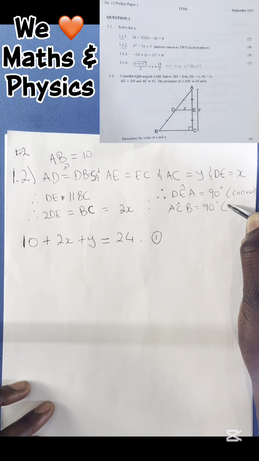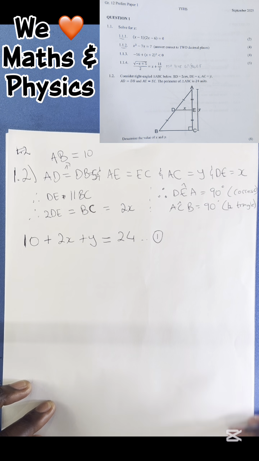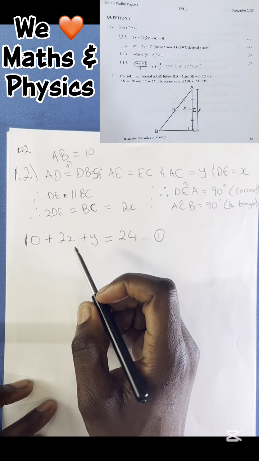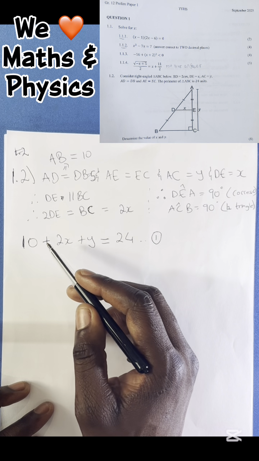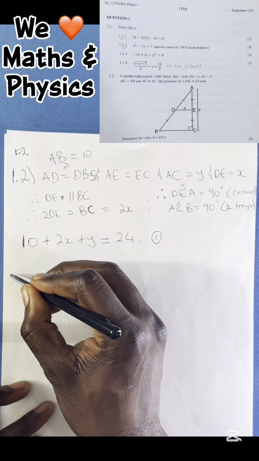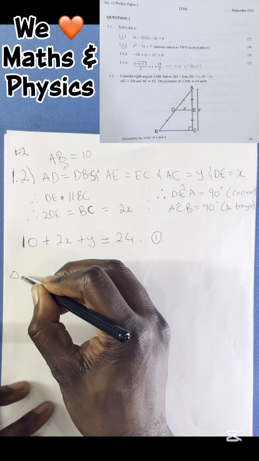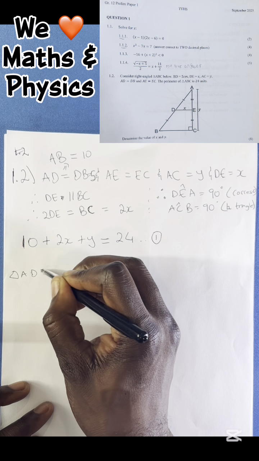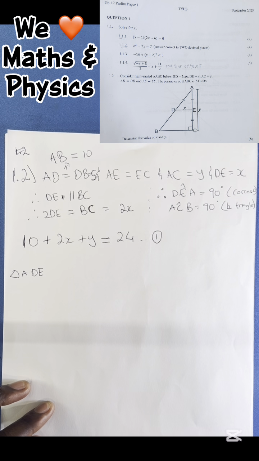It's a right angle triangle, so that's basically given. Does that make sense? So you know that you'll have to use your simultaneous equations. Okay, so now we can set up the next equation. To set up equation number 2, we'll use triangle ADE. But if you want to use the bigger triangle, you can probably use that as well.